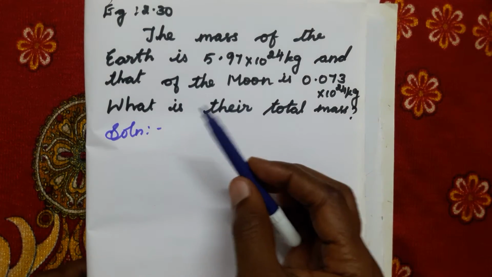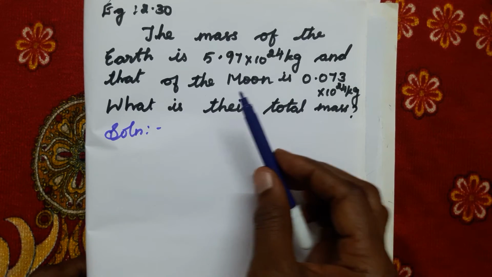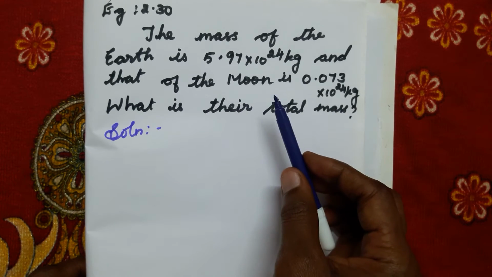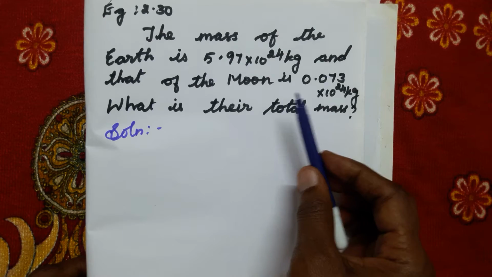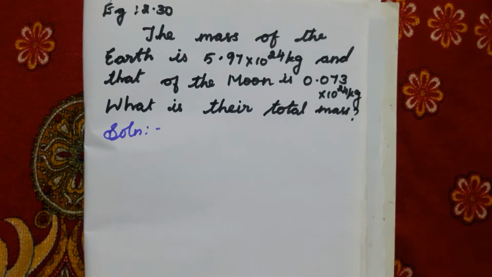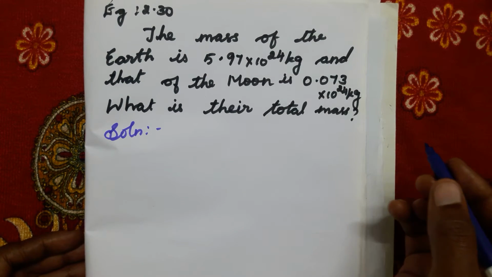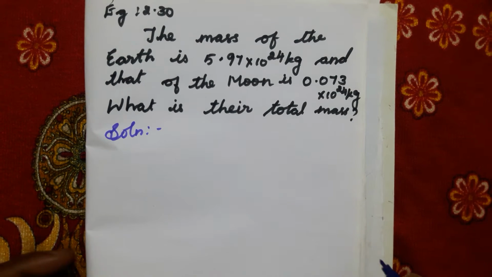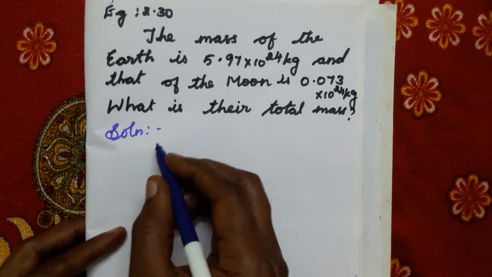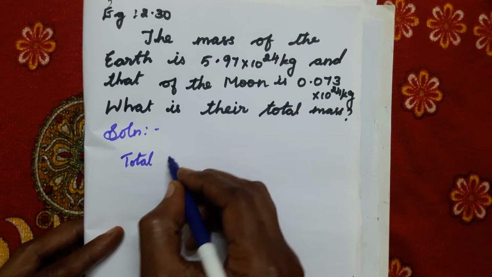Now I am going to explain example 2.30. The mass of the earth is 5.97 into 10 power 24 kilogram and that of the moon is 0.073 into 10 power 24 kilogram. What is their total mass? We want to find out the total mass.